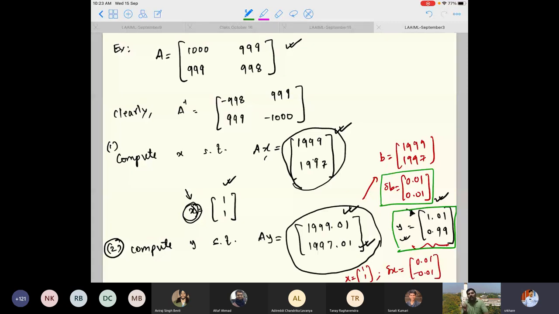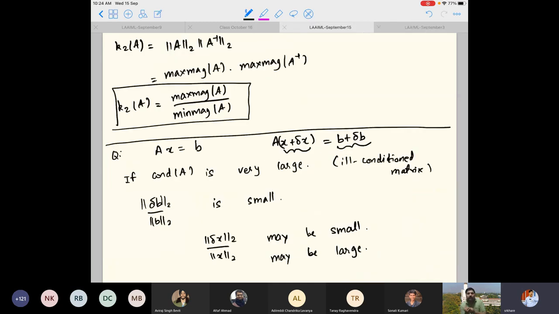So the question I am asking is which directions of delta b are really very problematic, and which are not so problematic? This was the question I had asked some time back also. Can you think of what are the directions that are going to cause trouble?